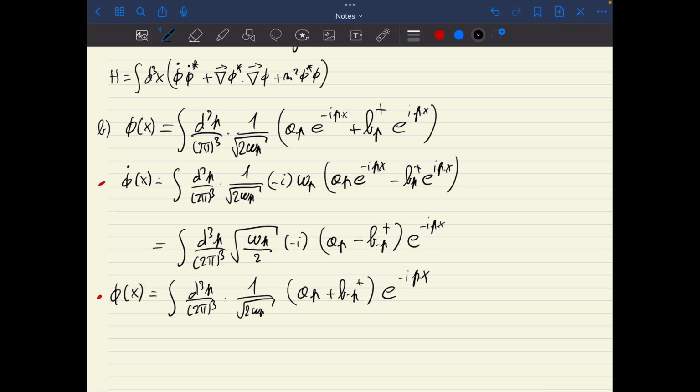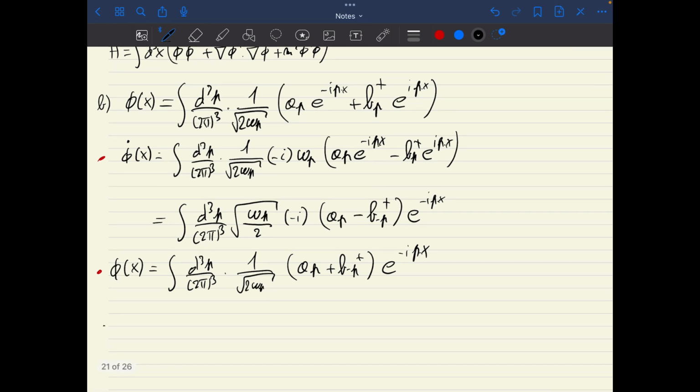So from that, we can directly substitute these expressions into the Hamiltonian. So we will have a spatial derivative. I will introduce two momenta, so one that's p, and one that's, let's say, q.